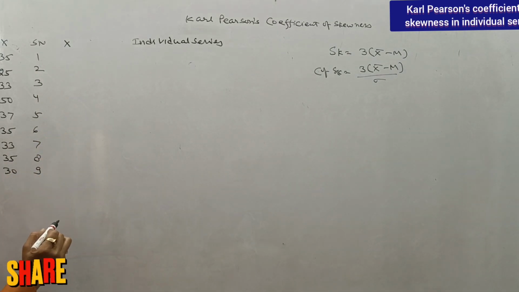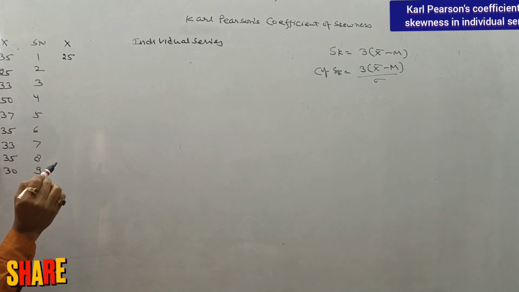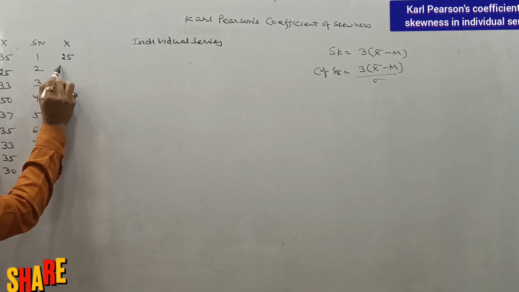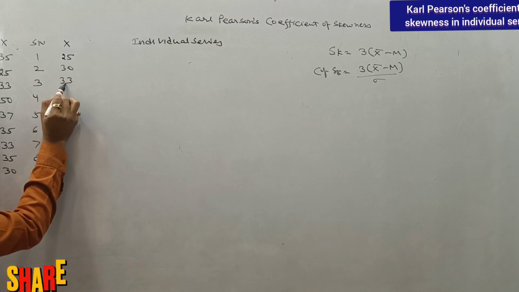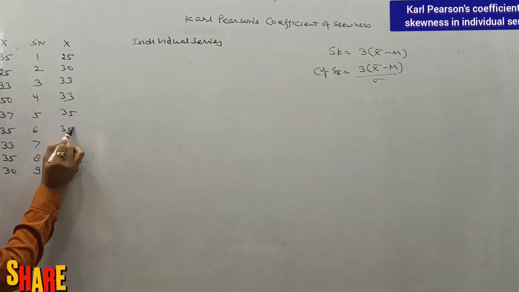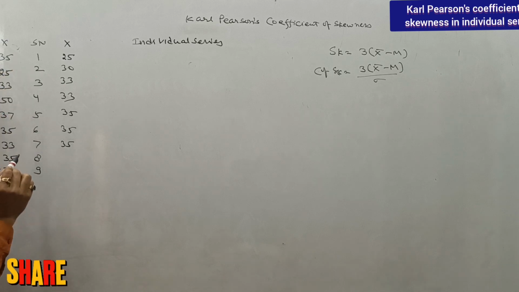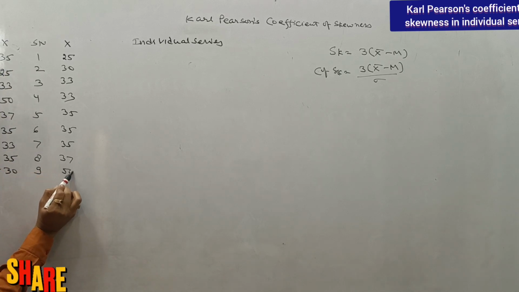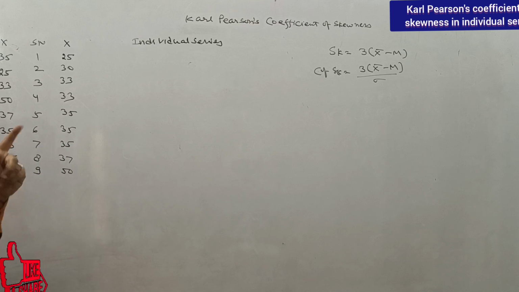The smallest item is 25, then 30, then 33 two times, then 35 three times, 37 one time and 50. Here the frequency of 35 is maximum, so the mode may be 35. We can have this formula also, we will discuss.